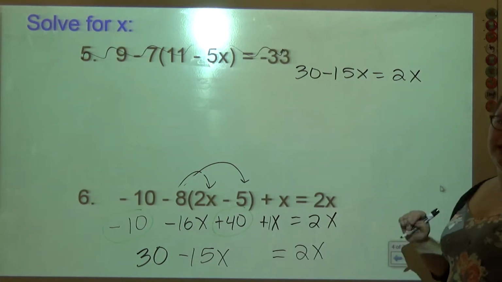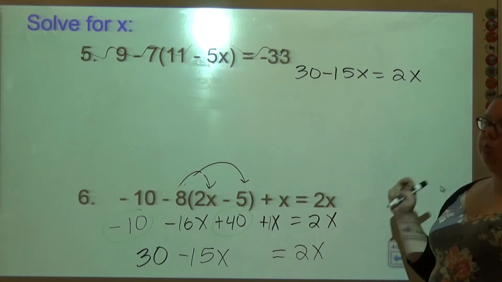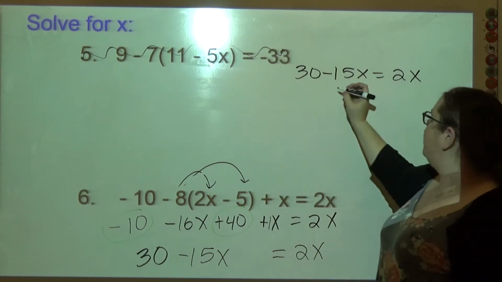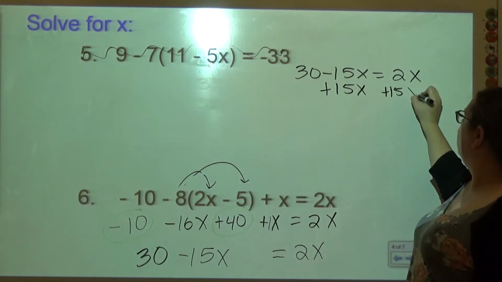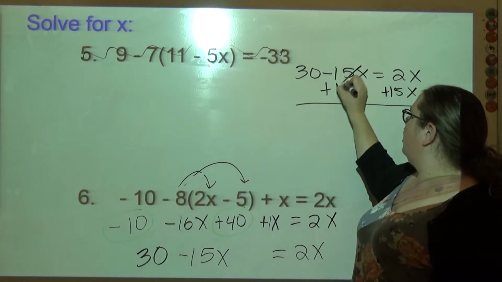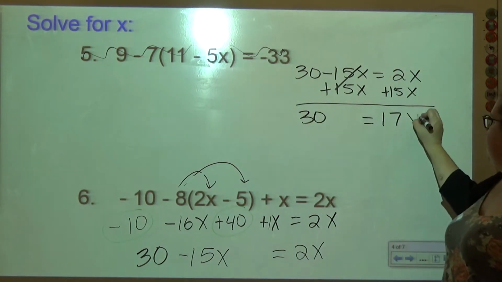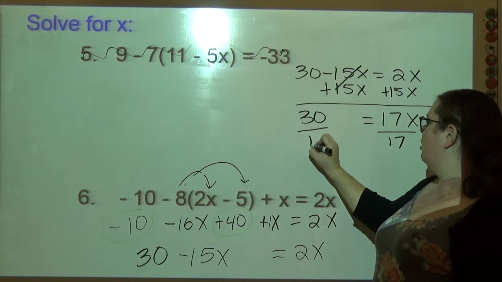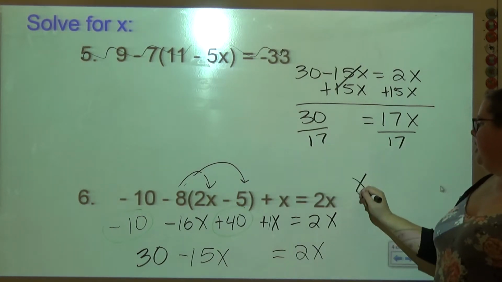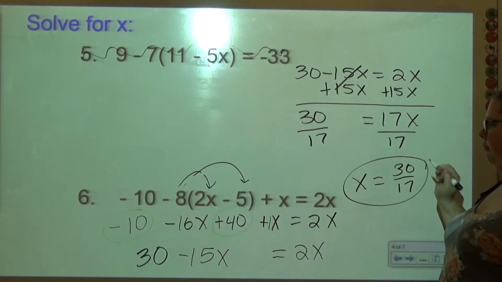Now, this x is by itself, right? So this 15 needs to join him. How do you move that 15? Opposite of minus is plus. Cancels to 0. 30 equals 17x. And finally divide by your coefficient. Is it a weird answer? Yes. That's okay though. We're good.